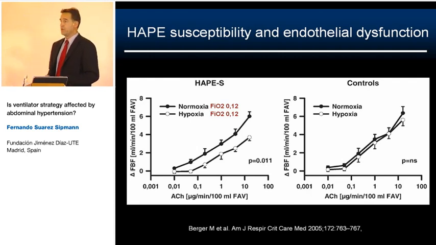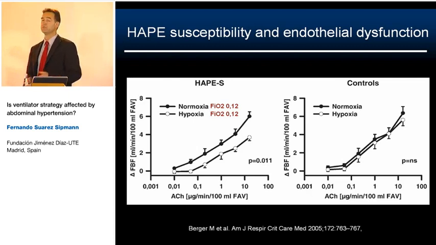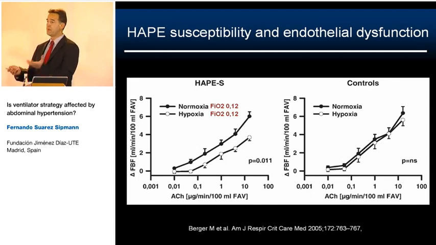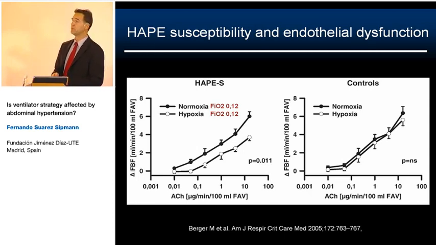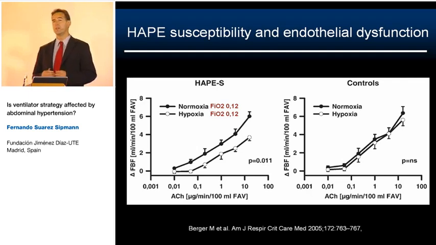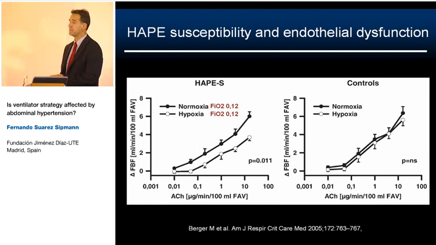More interestingly, the patients susceptible to develop high altitude pulmonary edema seem to have a susceptibility to an endothelial dysfunction. In this study, they took the patients susceptible to high altitude pulmonary edema and submitted them to breathing low concentrations of oxygen, creating a hypoxic state. And then they measured the capability of the endothelium-related vasodilatory response that was triggered by infusion of acetylcholine.